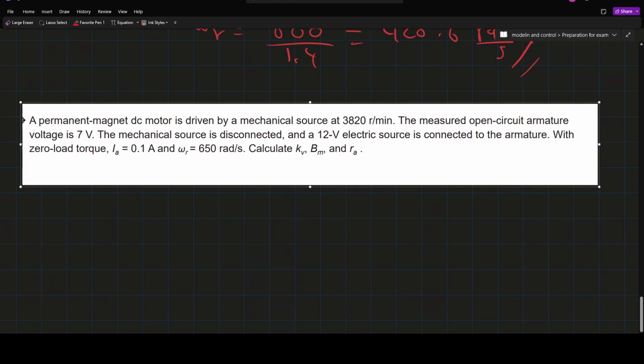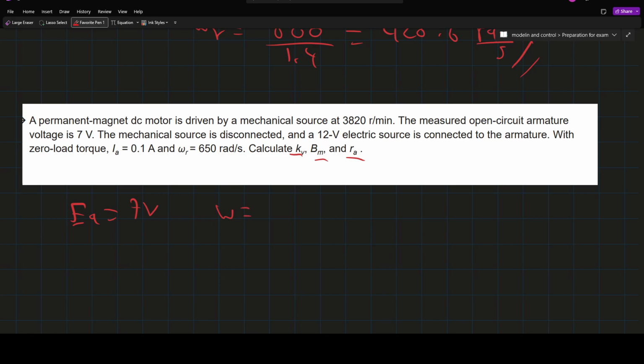Okay, let's do the next exercise. Here we need to find the KB, the BM, and the RA. But what are they giving us? They are giving us EA, 7 volts.